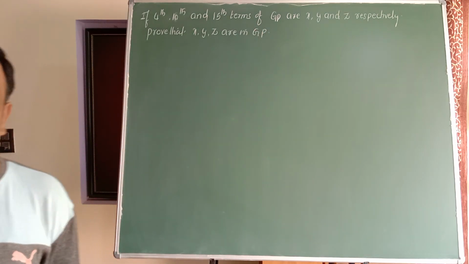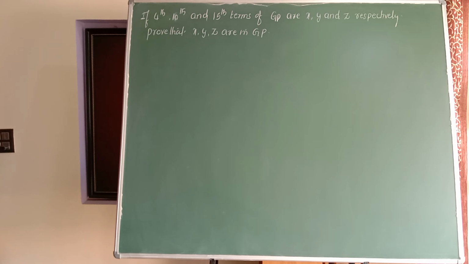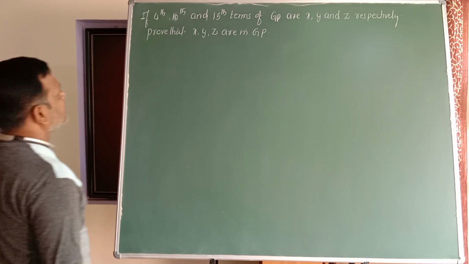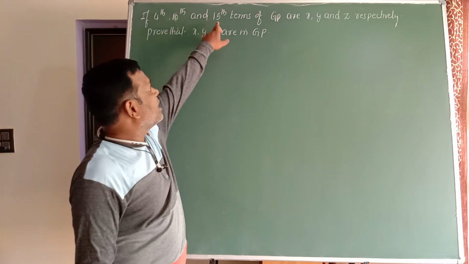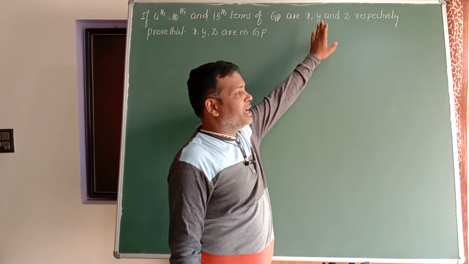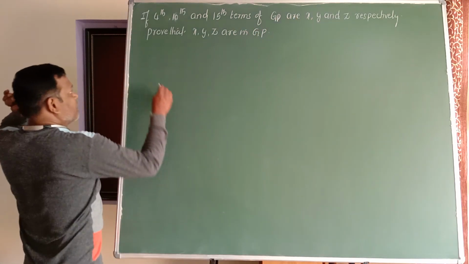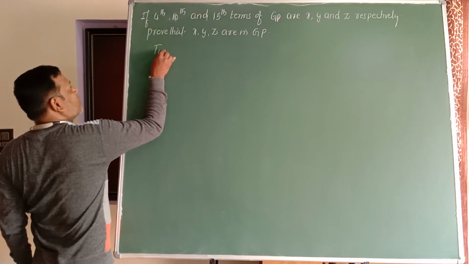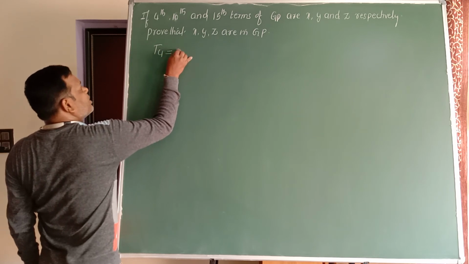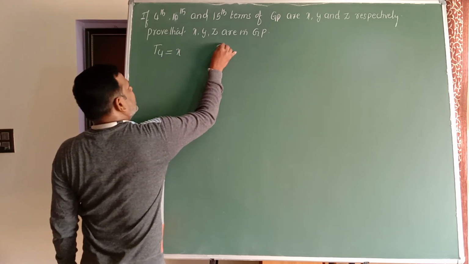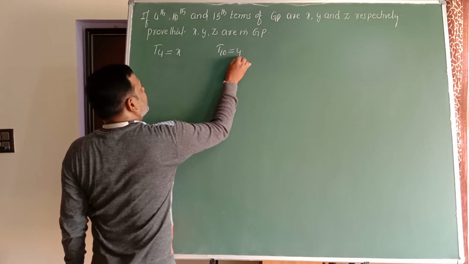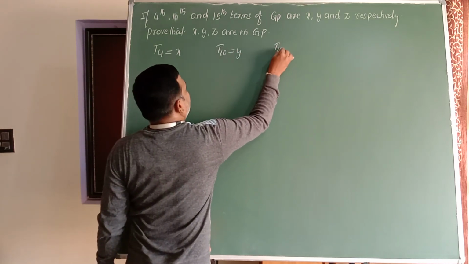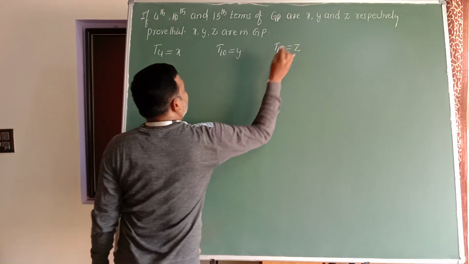Now we have to write the given thing first. What is the given thing? The given thing is that the 4th term, 10th term and 15th term are X, Y and Z. So I can write the 4th term as T4. So T4 is equal to X and T10 is equal to Y. And T15 is equal to Z here.